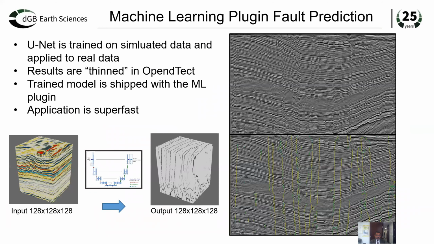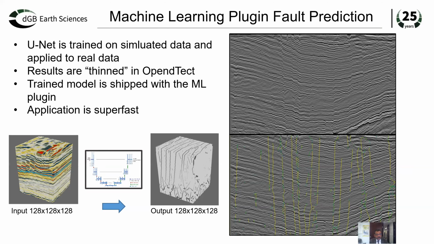Now, the first major one, again looking at the fault problem, which OpenDetect has been solving through its fault and fracture plugin and through multi-attribute fault detection and extraction. Now, there is a new machine learning way of further enhancing it.